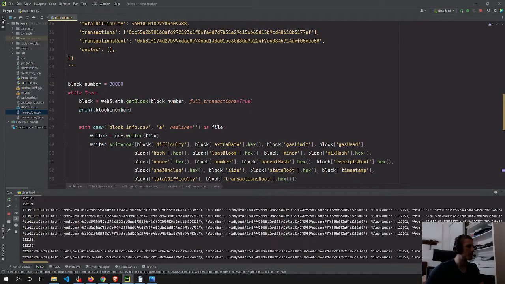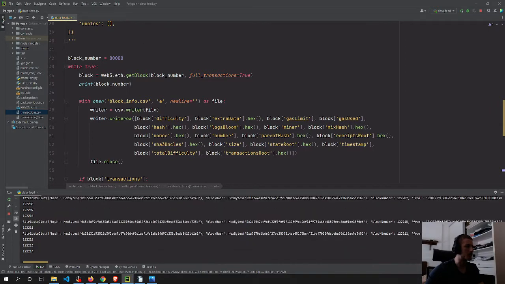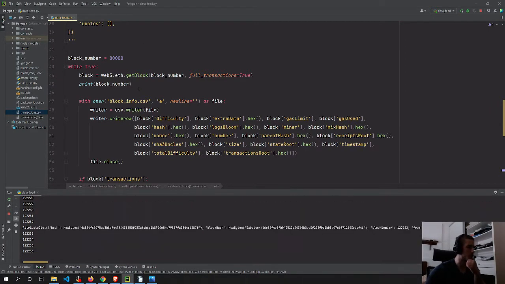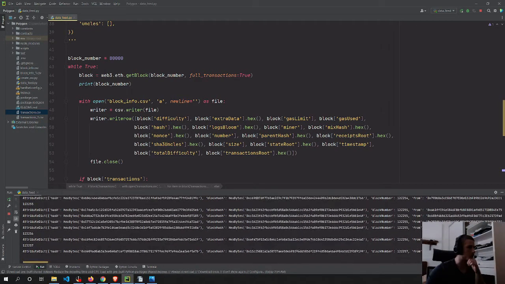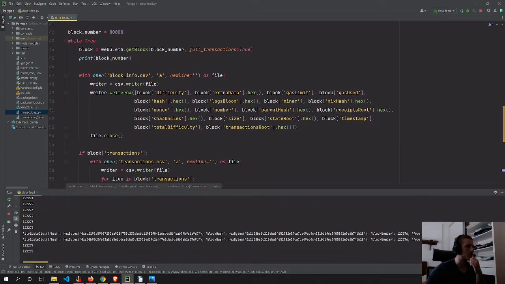And here I'm just hard coding 80,000, so I have to be careful to not start from 80,000 again next time, otherwise I'm gonna repeat a bunch of information. So whenever it breaks, I have to remember to get this number and replace it here, so it starts again.